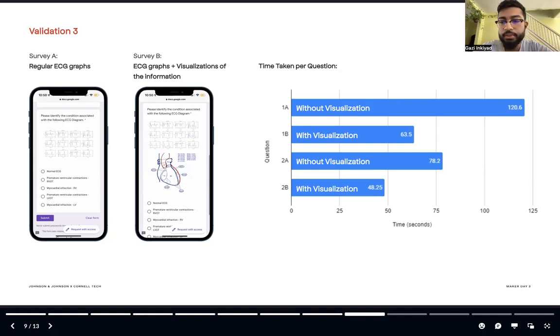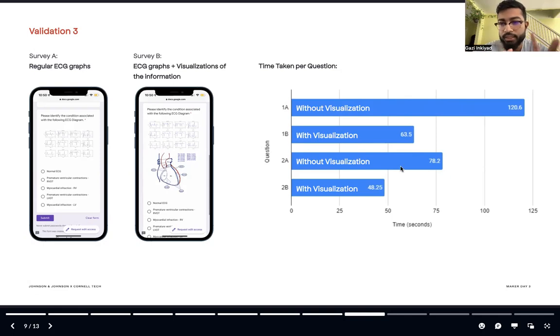And on the right side, you could see 12-lead ECG data sets and a visual tool around there to help them diagnose. Based on the results, the doctors, nurses, and also other medical students were able to answer the question with the visualization tool in about half the time they would take without it.